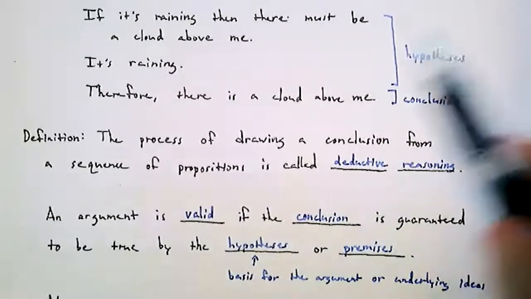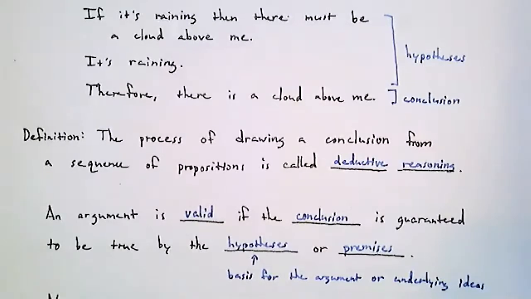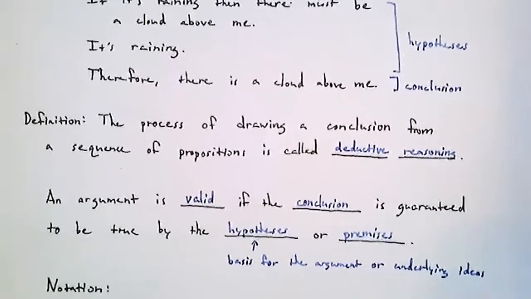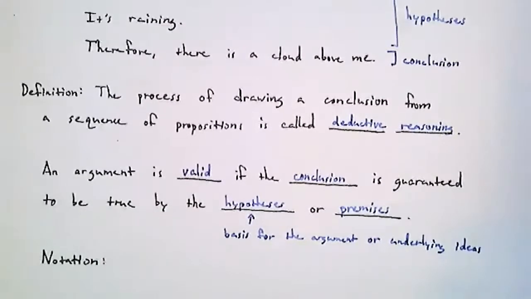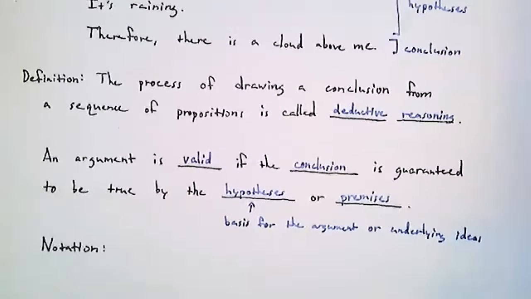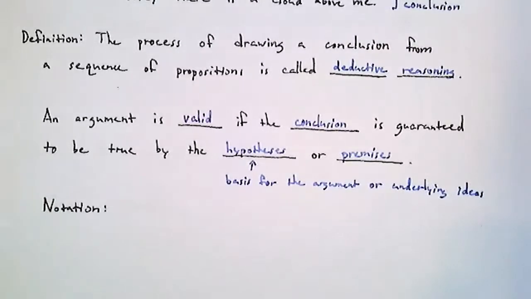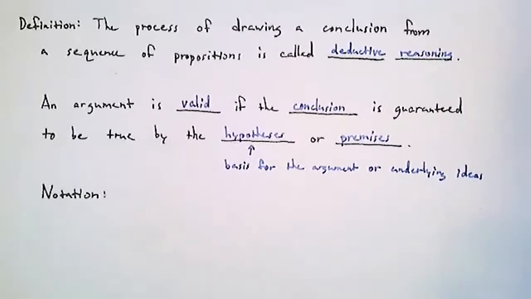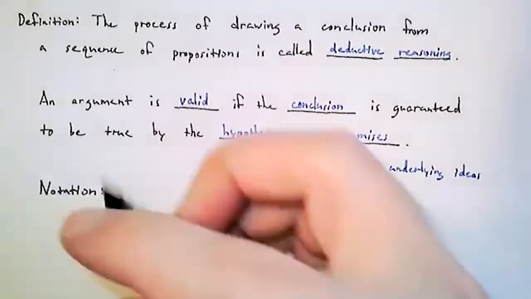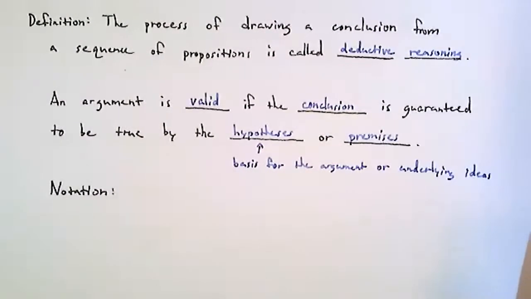So this is how reasoning works in arguments. And what we want to do in this section is link it back to the more formal logic that we've been doing, because we want to be able to determine for sure, without a shadow of a doubt, whether an argument is valid. And math is the way that we do that most of the time. When we're doing logic and math, we have the notation like we've been using.